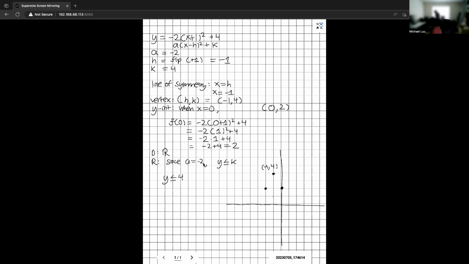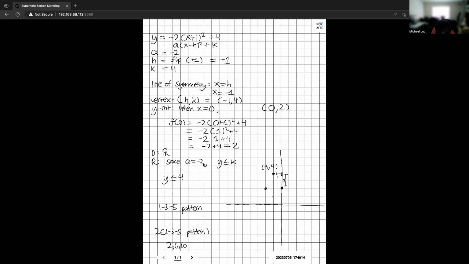Since I have that 1, 3, 5 pattern, what I'm going to do is multiply that 1, 3, 5 pattern to get the following. I get 2, 6, and 10. So for every increase of 1, I'm going to go down 2. That's the first one.